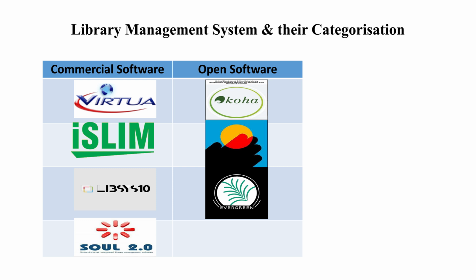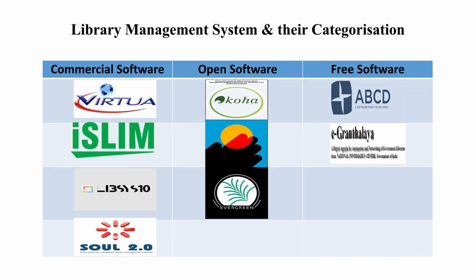Under the third category, free software, the two common examples are Vibram's ABCD and NIC's eGranthalaya. These are the types of software, on the basis of availability, being used for integrated library management systems throughout the world. Now let's see one by one a few of the commercial ones, open source ones and free ones.